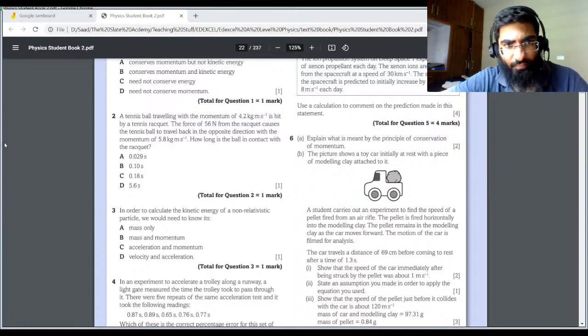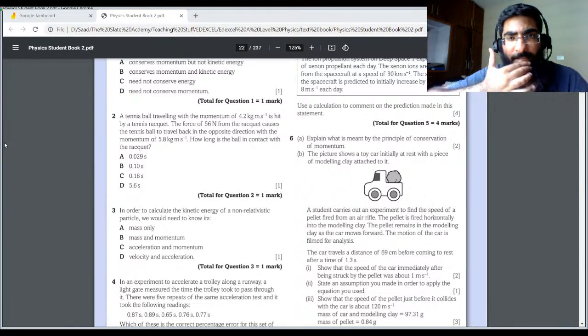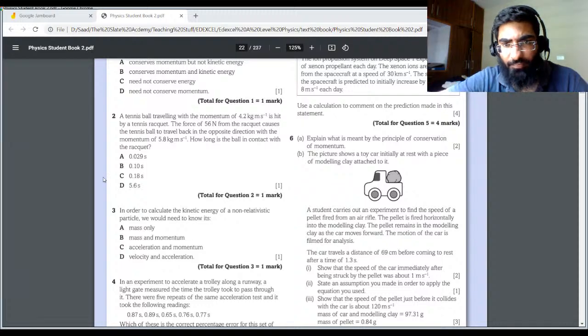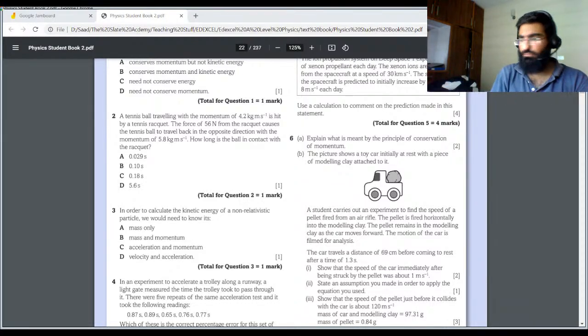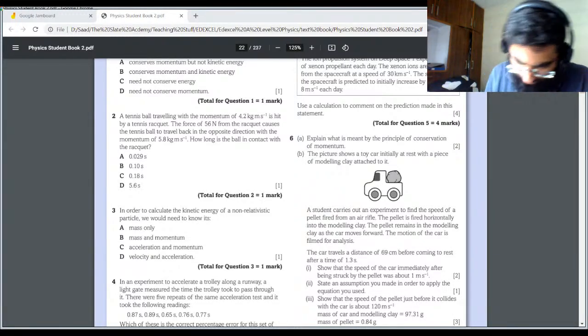One second. I'm bringing out the question paper with the formulas.